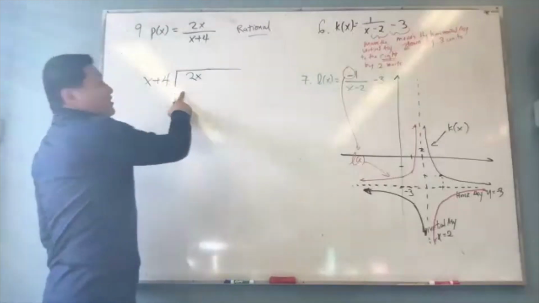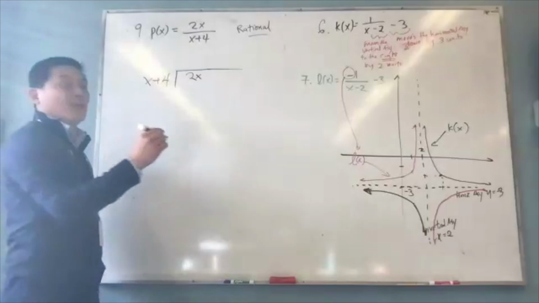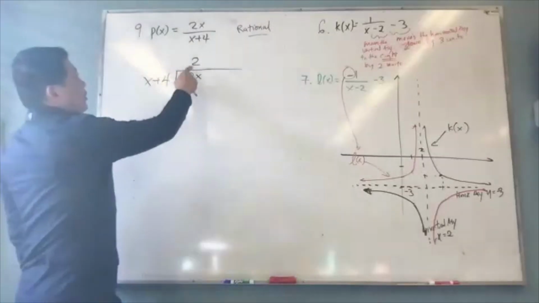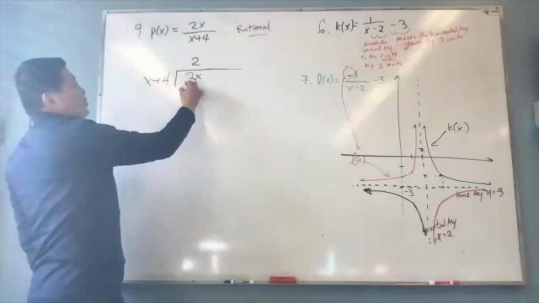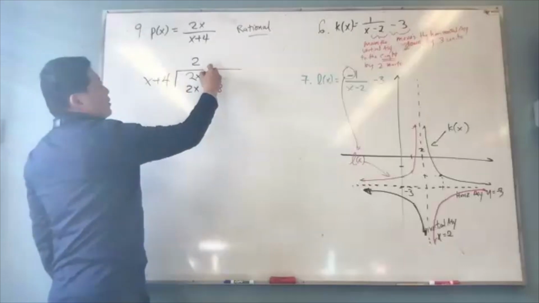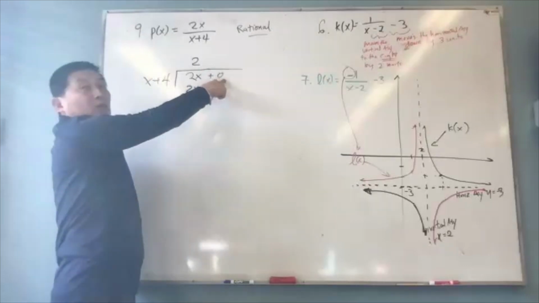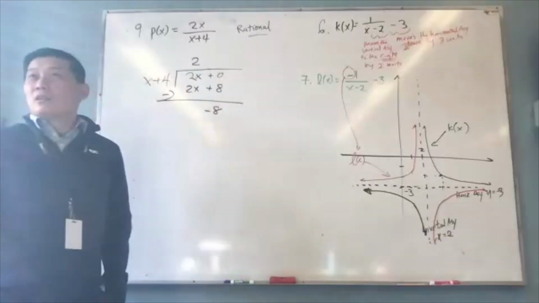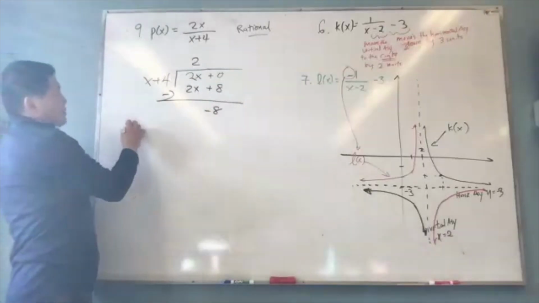So, okay, I want to divide. I want to use 2, right? So this is 2 times x is 2x. 2 times 4 is positive 8. And this was 0 before, I can put a placeholder. And subtract, I end up with negative 8. So can I rewrite p of x?